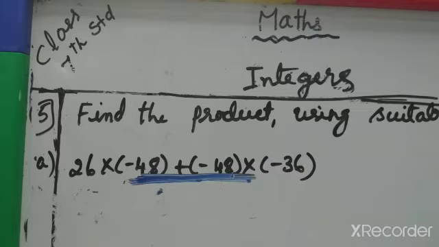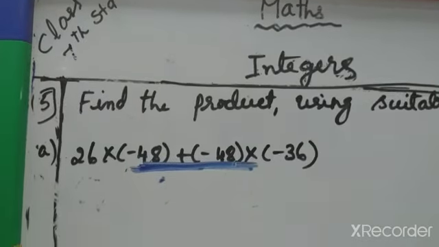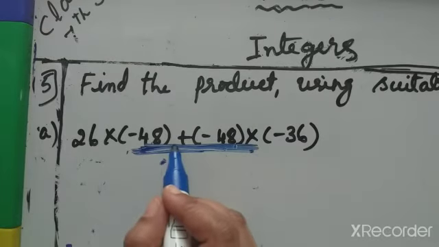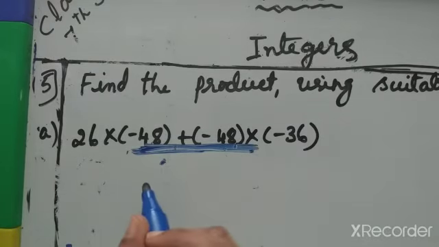Then associative property means three numbers. Left side and right side numbers are same, only changes in the bracket. So here only one number is common and the others are different numbers. 26 and minus 36 are different numbers. So we can try with the distributive property, because with one common number we can distribute other two numbers.